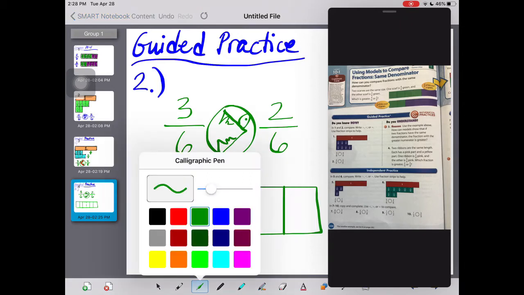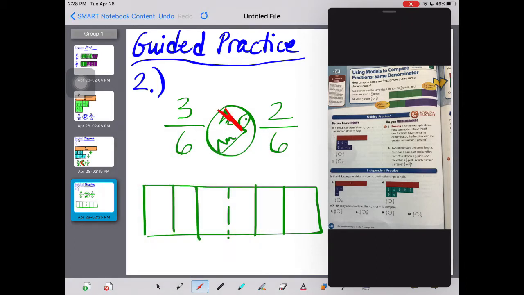So that crocodile is going to be opening its jaws to the bigger number. But remember, we are comparing fractions with the same denominator. As we move on in lessons, this is going to change. So we can't just assume that just because this is a bigger number that it's more. But for right now, we are comparing fractions of the same denominator, so we are good.